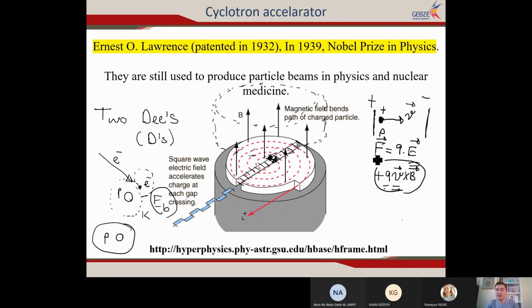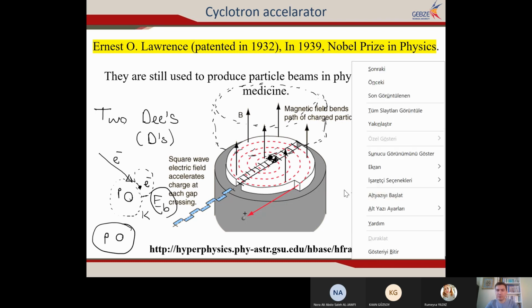So what about the direction of this force? This force, due to the electrical field, the first part of the Lorentz force, will move the proton in this direction in a linear way. But this force, due to the magnetic field, will produce a circular path like this.